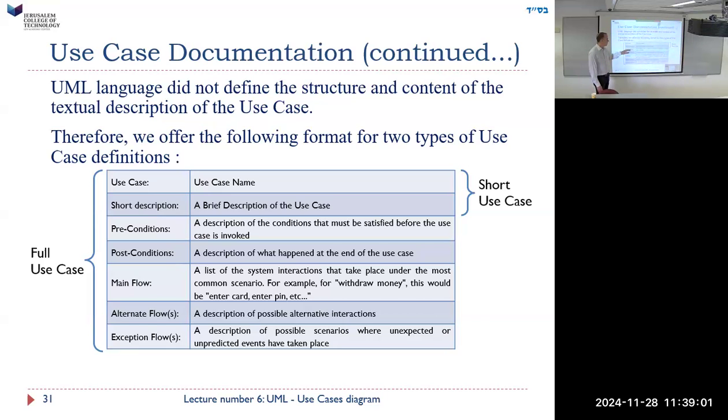Precondition is like what state the system must be in in order for you to do this, or what state you must be in. You must be a member, let's say, to borrow golf clubs. You can't be a guest, you have to be an actual member of the country club. So a precondition would be that you're a member of the country club in order to rent, let's say, golf clubs.